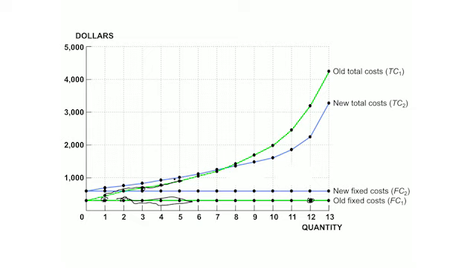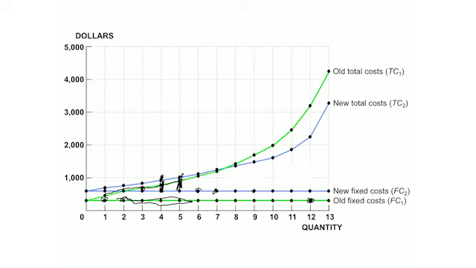Now, of course, what we're interested in now is the firm increasing its scale. In this case, it's going to have more capital, more fixed costs, and we're going to represent that by the blue line. There's our larger fixed costs. They're fixed because they're constant no matter how much the firm is producing. It's about $600 there in the picture. But also there's going to be total costs for the larger firm, and total costs are going to be what happens when you add variable costs to fixed costs.